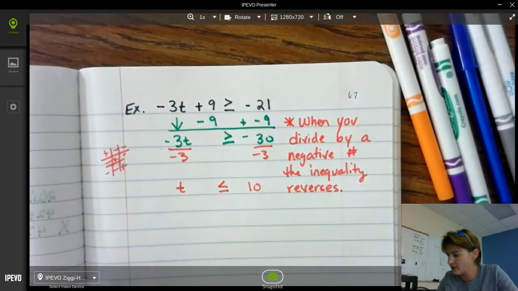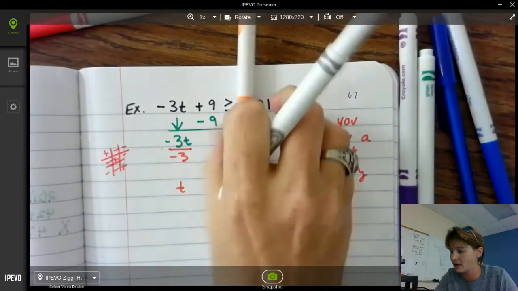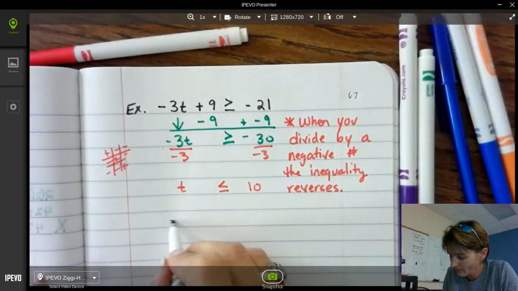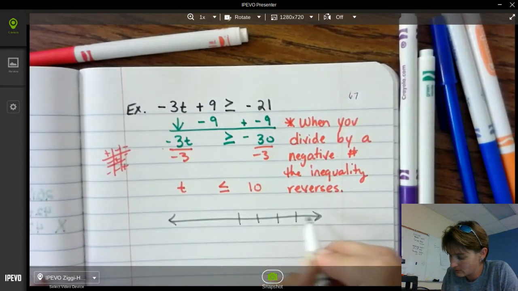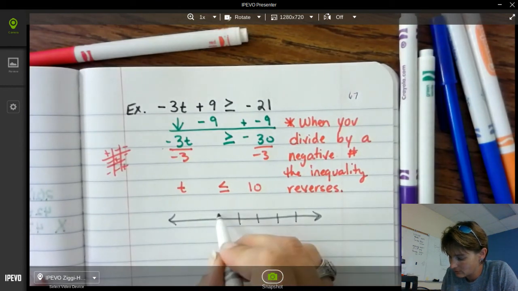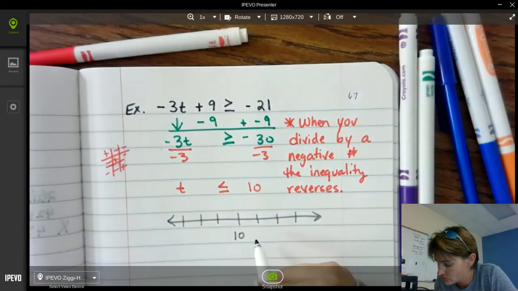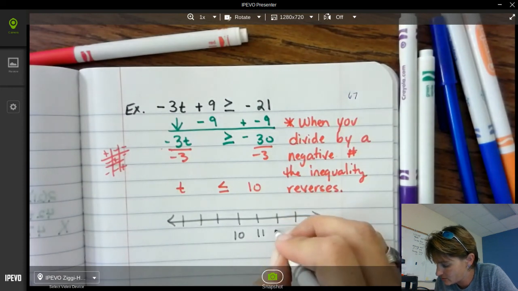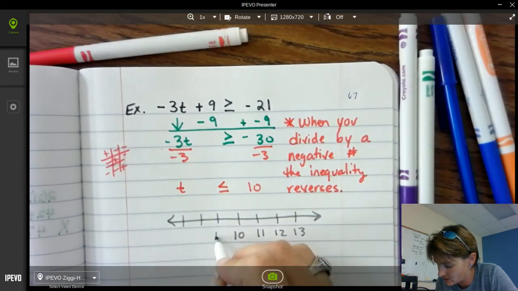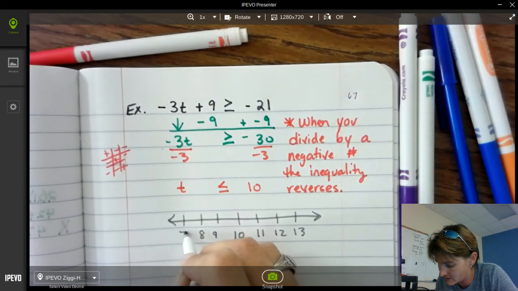Last thing to do is to go ahead and put this on a number line. We have 10 as our number. So we want, let's say 11, 12, 13, 9, 8, 7.